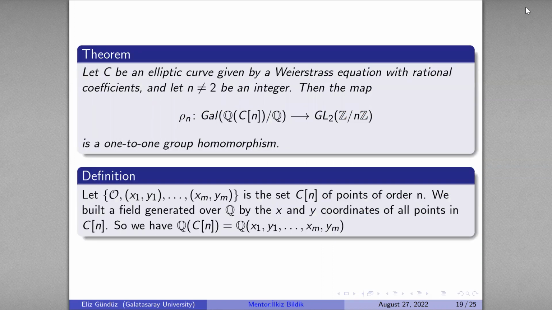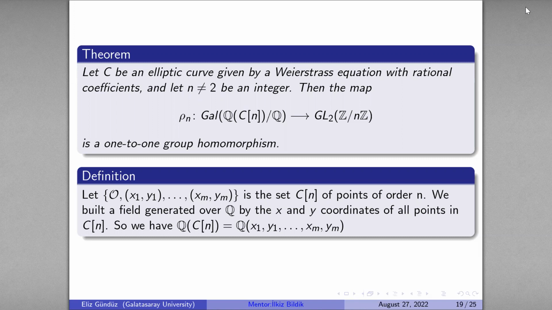And when we consider the Galois group of this, the rho n we built earlier is not just a homomorphism, it is a one-to-one group homomorphism. And before talking about the proof, I want to define the elements of this field.